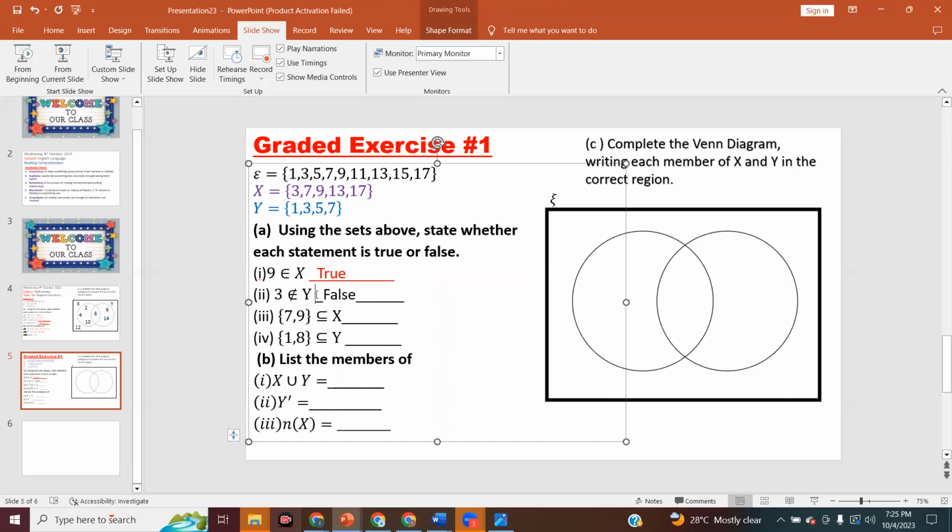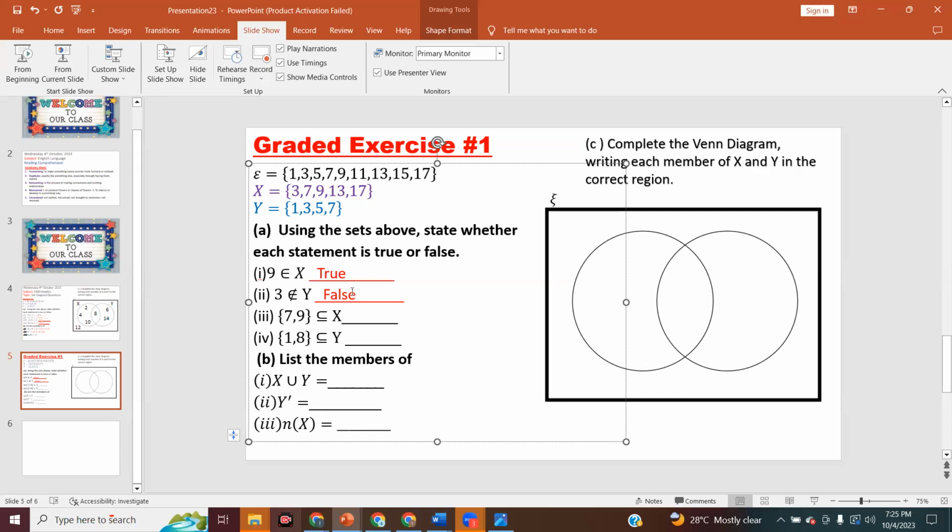Y'all gotta talk to me, you know. Because 3 is an element of Y, because it is in set Y. So to say that 3 is not an element of Y is false.